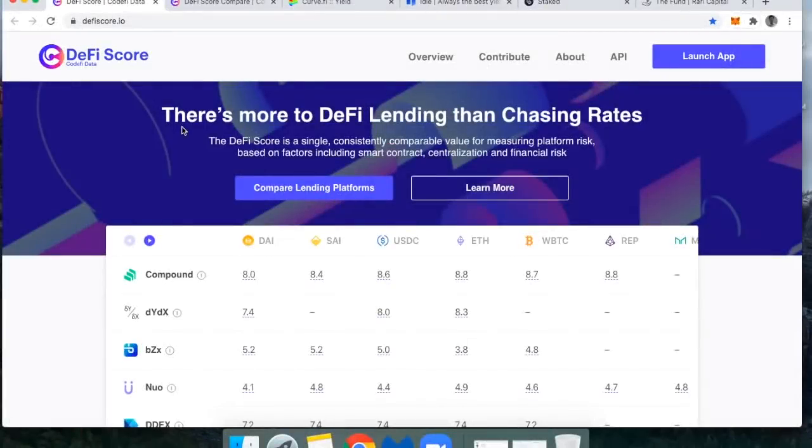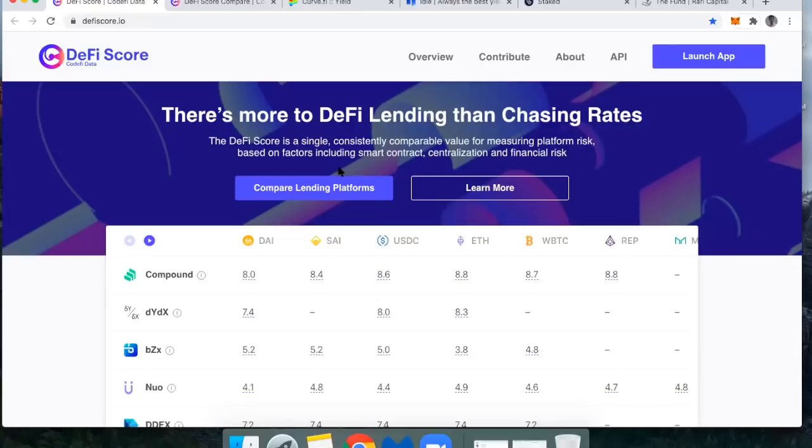The first step in this process is understanding what lending pools are available and what the rates are, so that I can maximize my lending interest, while also keeping in mind how to compare the platform risk in using any of these lending pools.